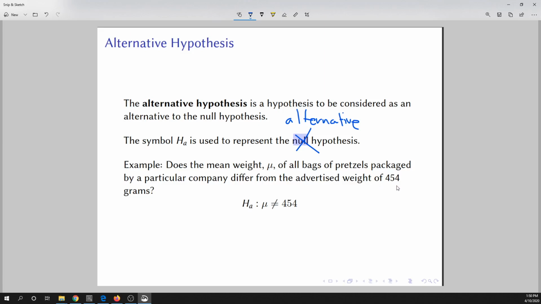So the alternative to the mean being 454 would be that the mean is not equal to 454. And that encompasses two things: the mean could be a little bit more than 454 or a little bit less than 454. So this would be the alternative hypothesis here.